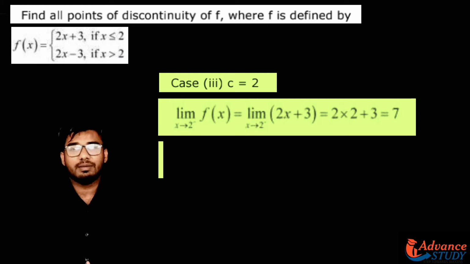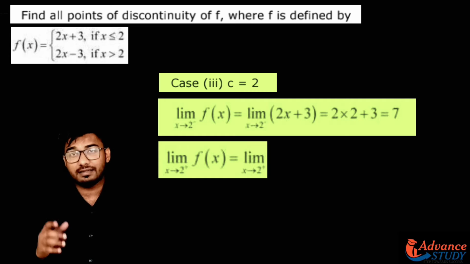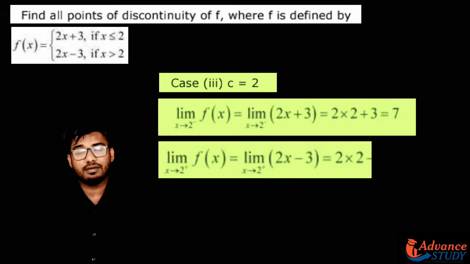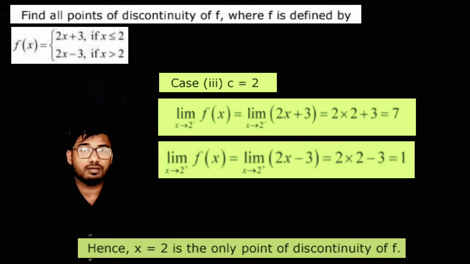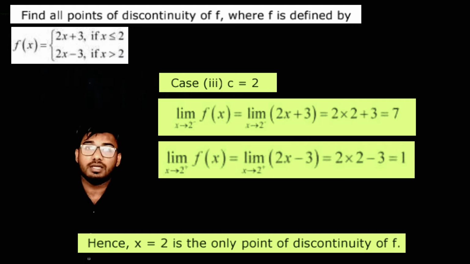Limit x tends to 2 positive is the right hand limit of the function, so limit x tends to 2 positive, 2x minus 3, the answer will become 1. So the left hand limit is not equal to the right hand limit, so the function is not continuous.